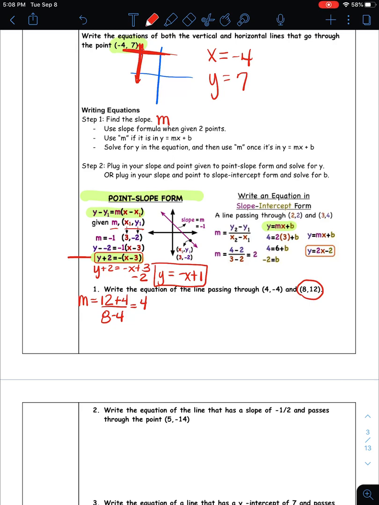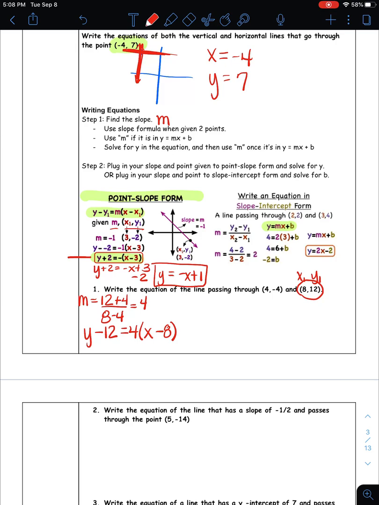If you're going to use point-slope form, then you would do y minus y1 is equal to m times x minus x1, with this being your x1 and your y1. And that's how you would leave it if I had asked for it in point-slope form.